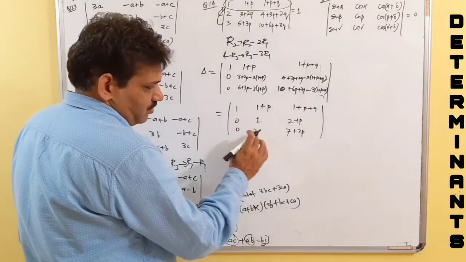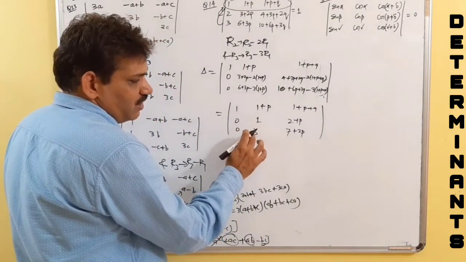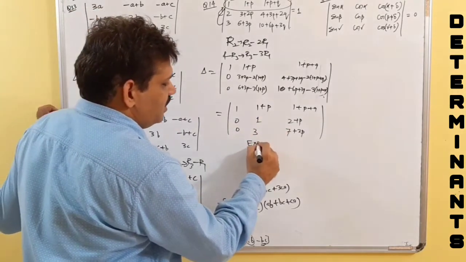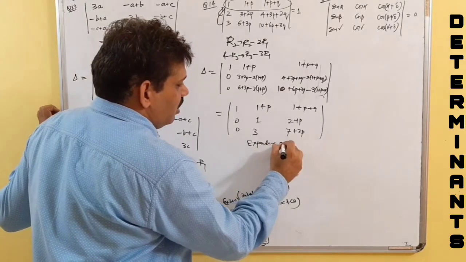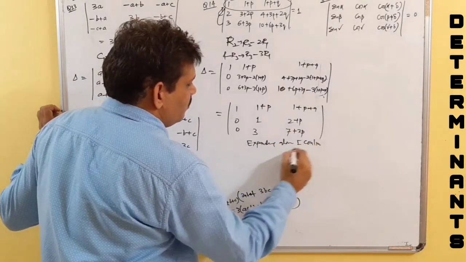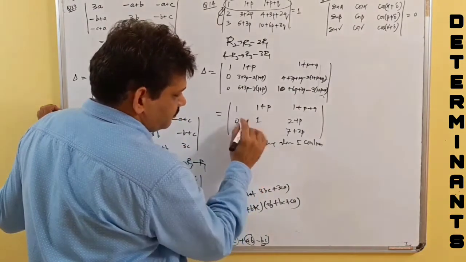Now expanding along, you may make one more 0 with the help of this minus 3 times of this, or simply expand. On expanding along first column, what we get?